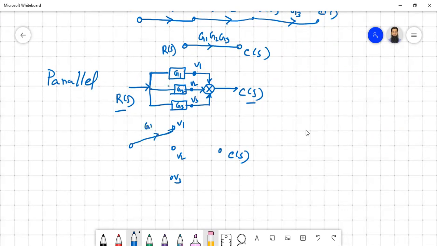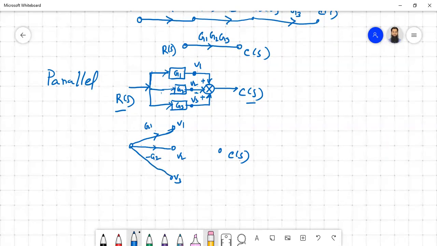If you have a negative sign somewhere here, you can easily incorporate it with minus G2.